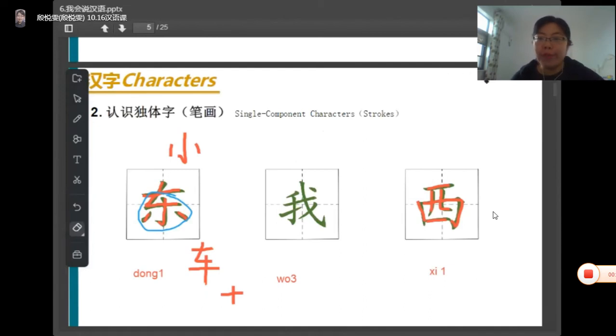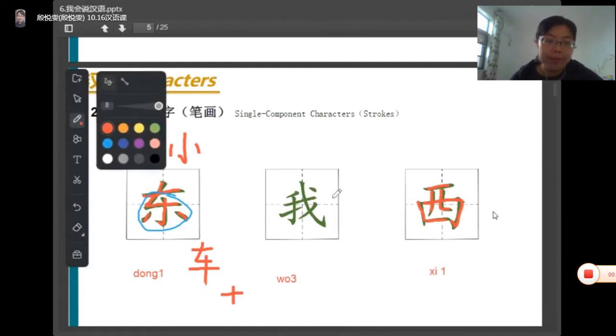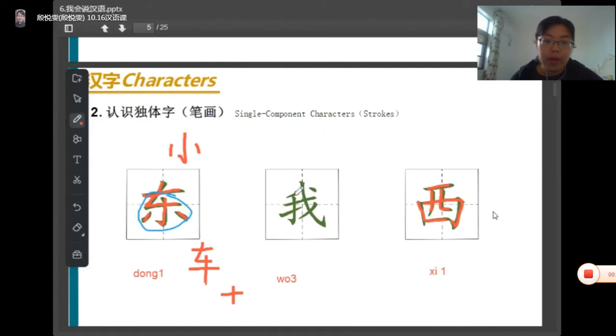We repeat 我 first. 我 is 撇 and 横. The first 撇 is very short. I remind you two times. Please remember it.